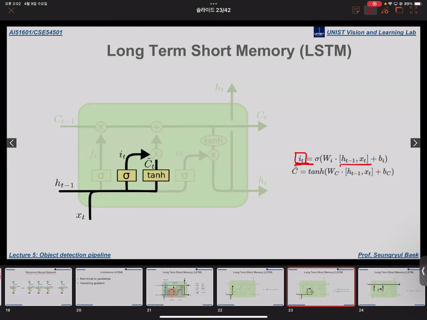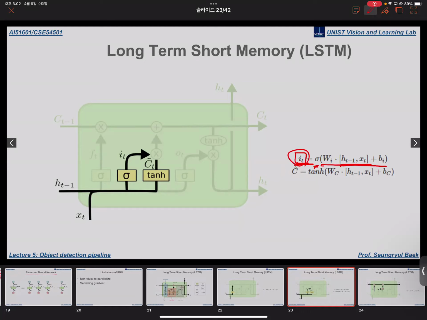Okay, so using the same concatenated signal, the hidden state from the previous layer and the current input, we will apply the linear operation again and a nonlinear operation to get this information bit.